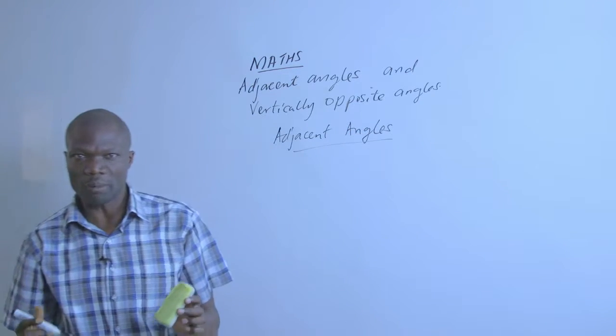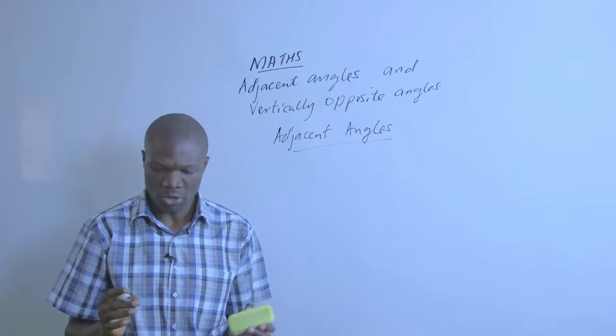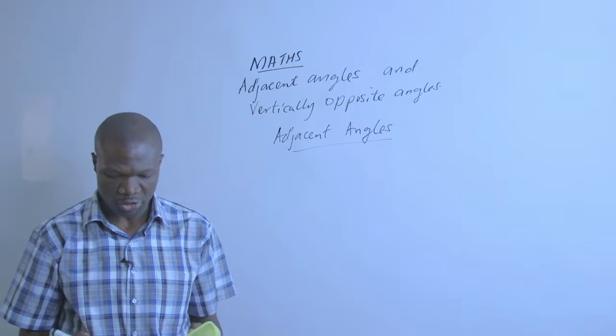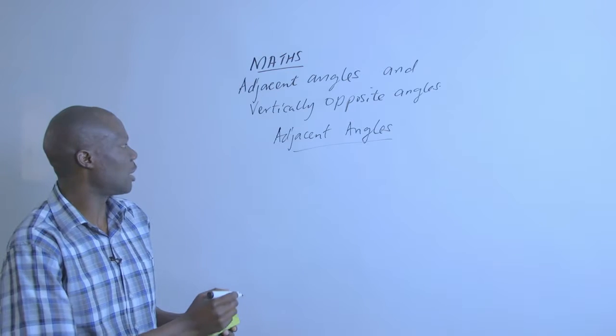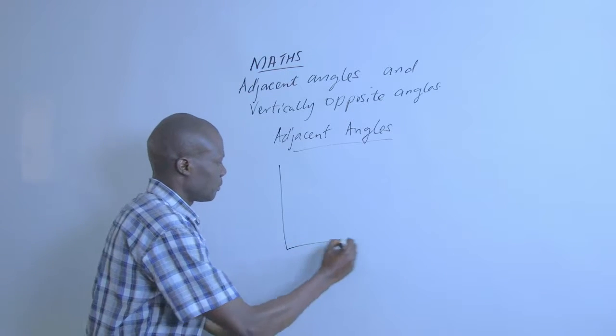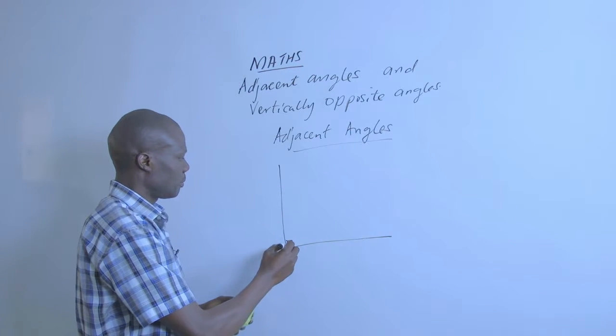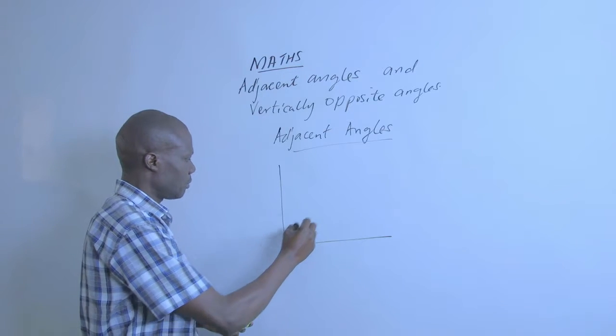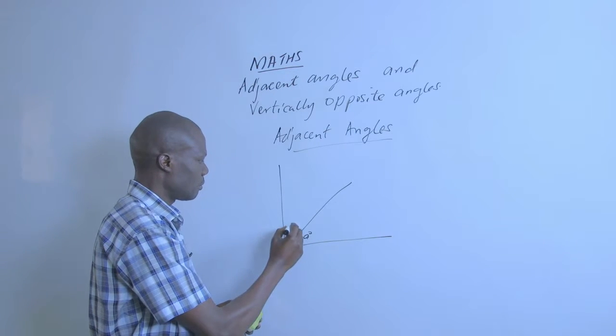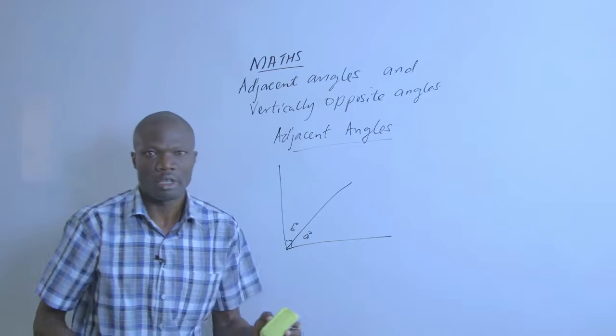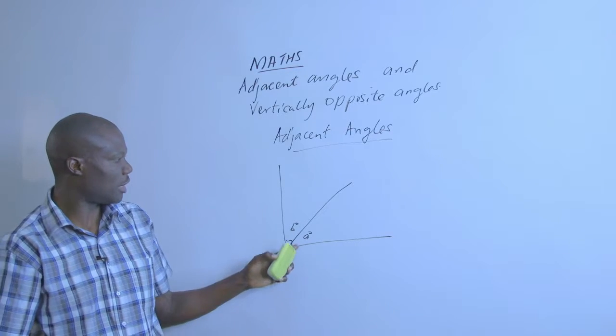So some special angles that we have are as follows. We are going to look at pairs of adjacent angles which are special angles. Examples are the angle we are looking at here.